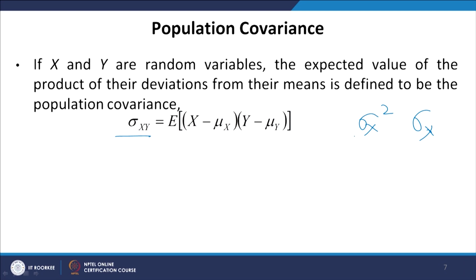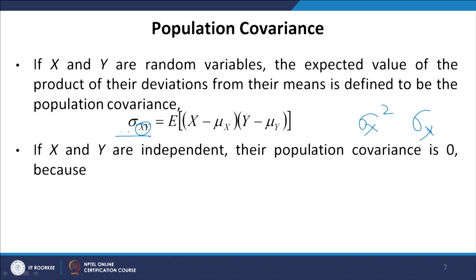Similarly, it could be sigma y square, sigma y, sigma u square, sigma u, and so on. When we have covariance, then we again use the term sigma, but then we have two variables in the subscript. So, both x and y, and it is calculated as expected value of x minus mu x multiplied by y minus mu y.